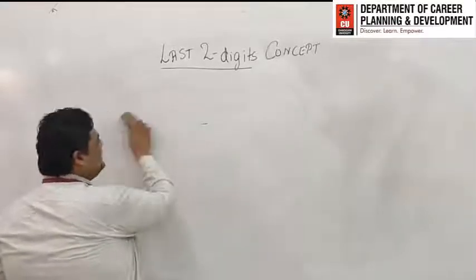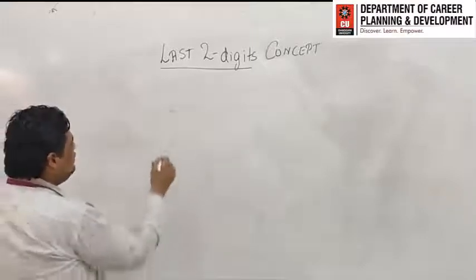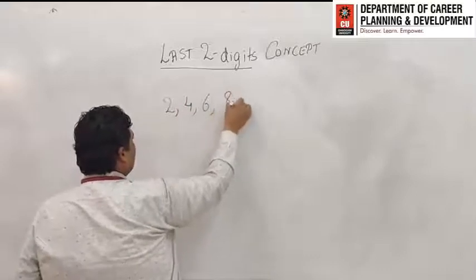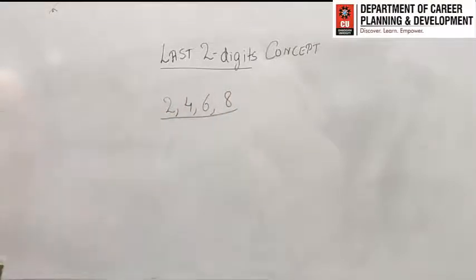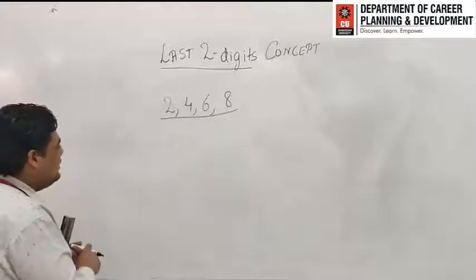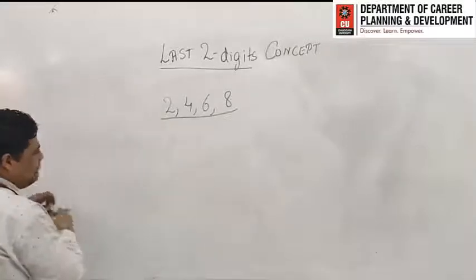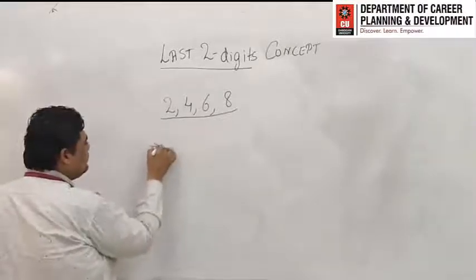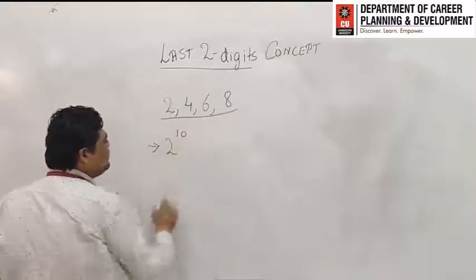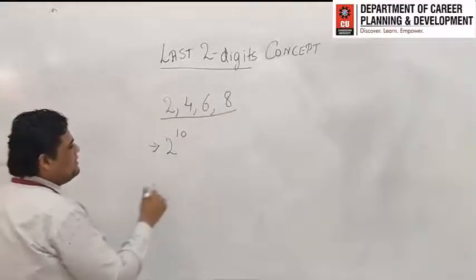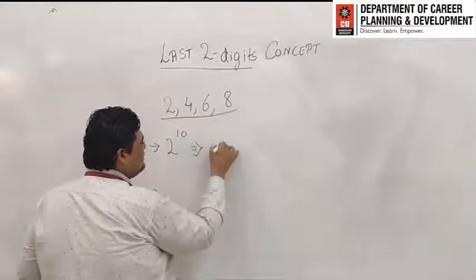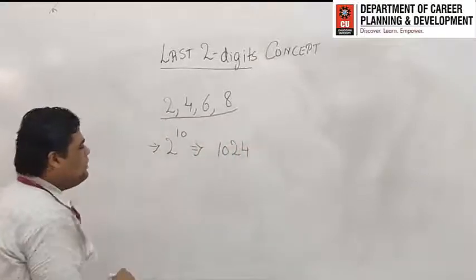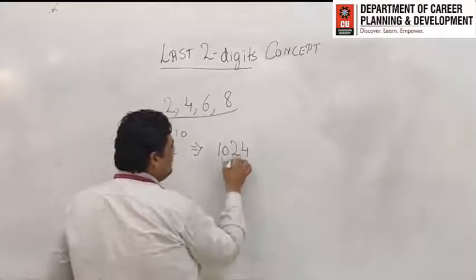Okay. Now let's move towards the even values. Whenever the value at the unit place is even, like 2, 4, 6 and 8. Now here we have to remember the 4 points. The 4 points will be 2 to the power 10. 2 to the power 10 is equal to what? It is 1024. So the last 2 digits of 2 to the power 10 will be 24.